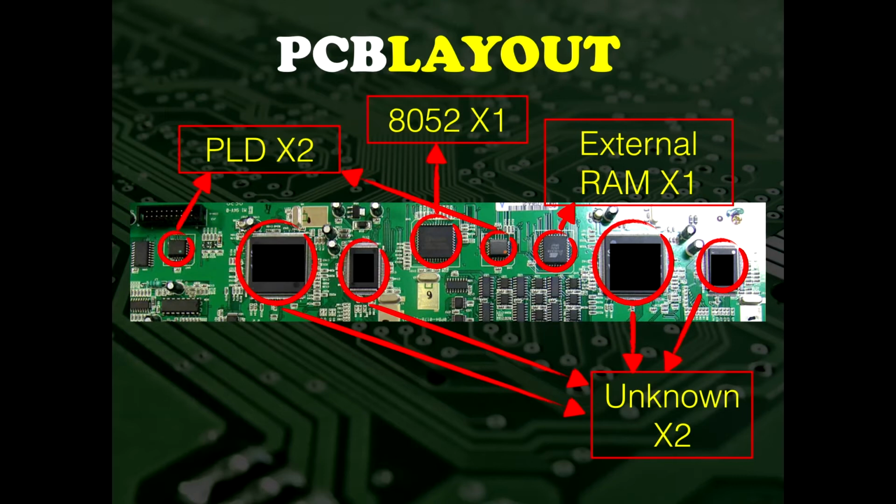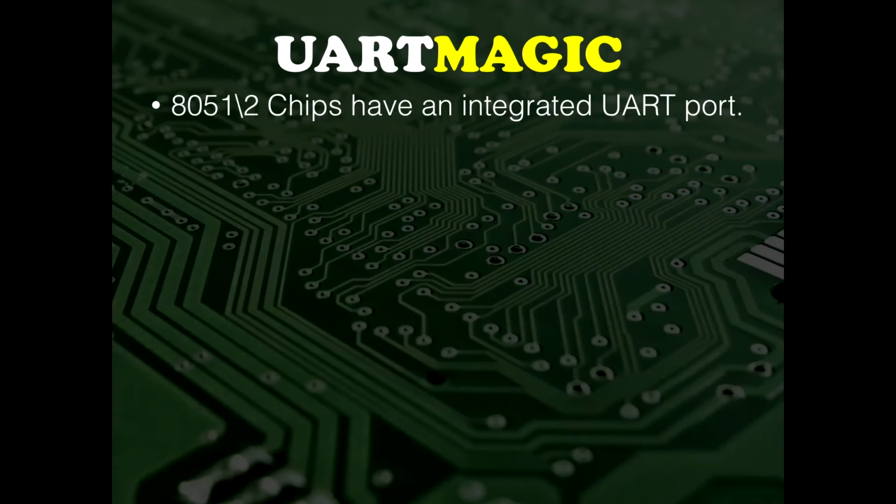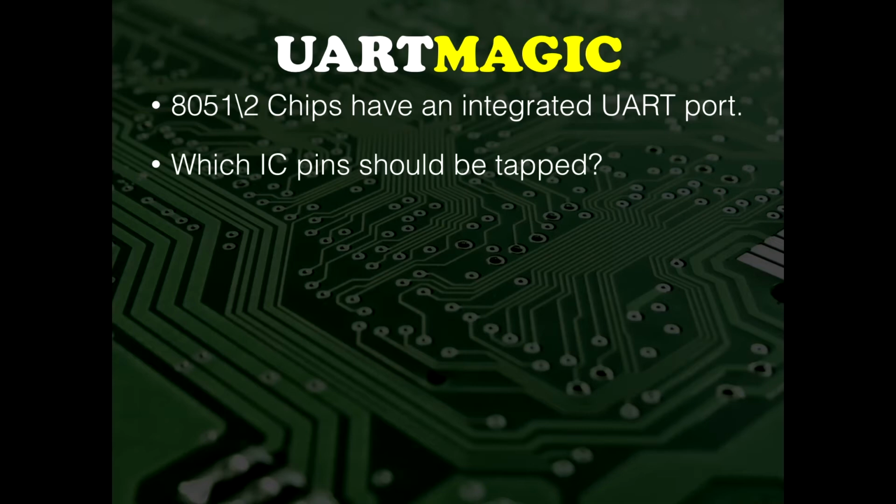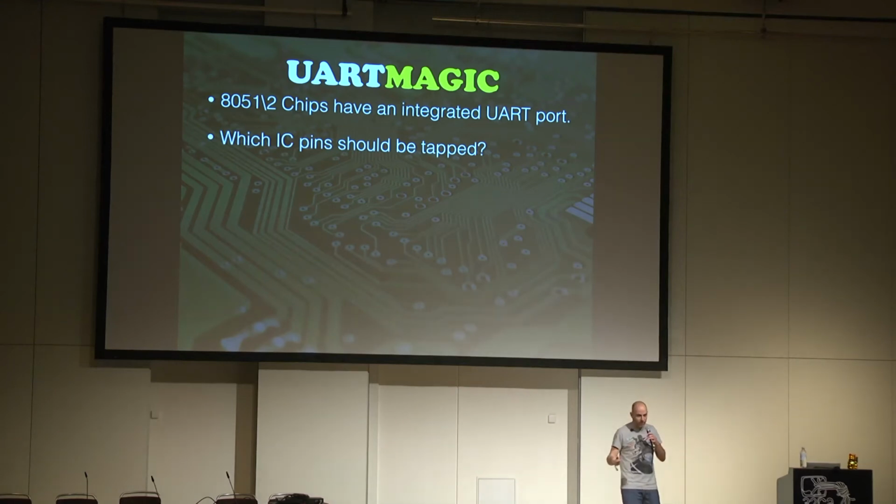And now we would like to know how this 8052 chip gets upgraded. It must get upgraded somehow, but how? So it turns out that each one of the 8051, 8052 chips has an integrated UART port in it, right? UART stands for Universal Asynchronous Receive Transmit, some kind of generic serial protocol, right? And the thing is, okay, we know it as a UART, but which of the chip pins are actually responsible for this upgrade?